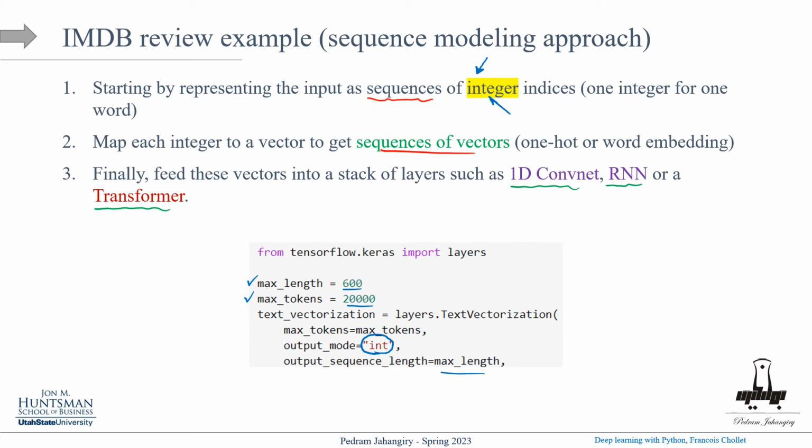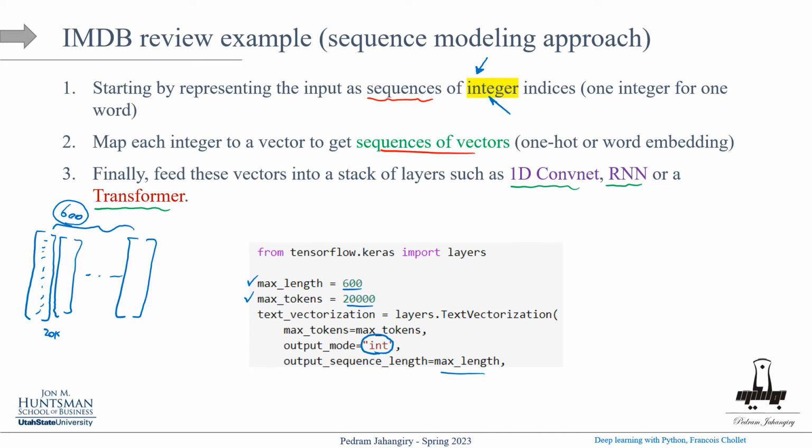So now we can do one-hot encoding or word embedding, right? For example, if you do one-hot encoding, we're going to end up with something like this. Each word has dimension 20,000, and we have 600 of these words. So this is our one-hot encoding representation: 600 words, and each one is a vector of dimension 20,000.